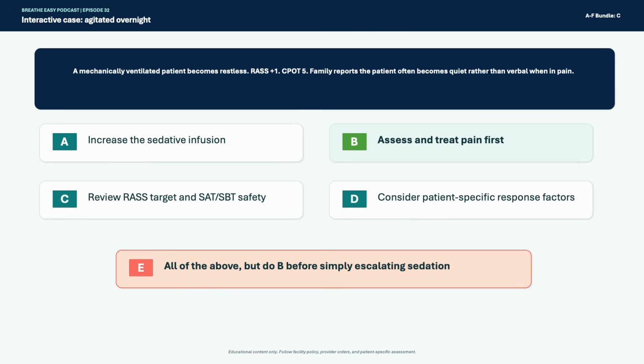The answer is all of them, but treat the pain first. That CPOT is a positive pain signal, and PADIS tells us to treat pain before reaching for sedation medication. Reach for the drip first, and the agitation disappears while the pain does not. The room gets quiet, and the patient keeps hurting.